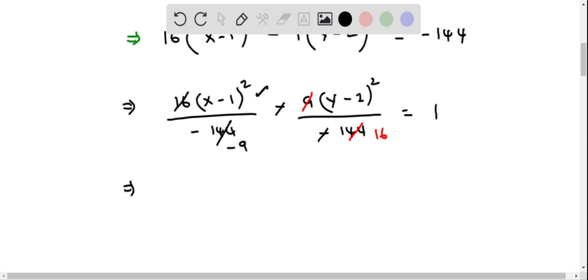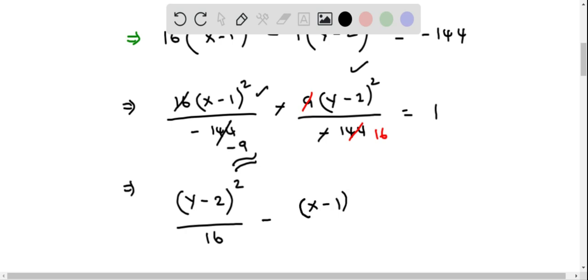This term is now going to be a negative term because we have a negative 9 in the denominator. So I'm going to write this as the first term, which is positive. So I write this as y minus 2 quantity squared divided by 16 minus this expression, x minus 1 quantity squared divided by 9, because I already took care of this negative which I have put here, and so this equals positive 1.